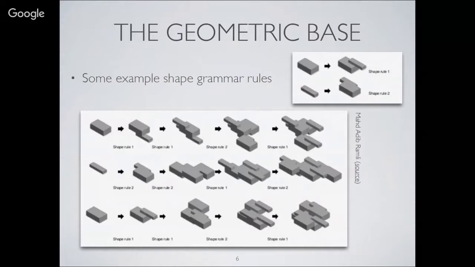So in this case, I need some representation of the geometry I'm working with, so I'm going to assign each building block in my building toolkit a symbol. For instance, I could say that my big block is going to be called A and my little block is going to be called B.